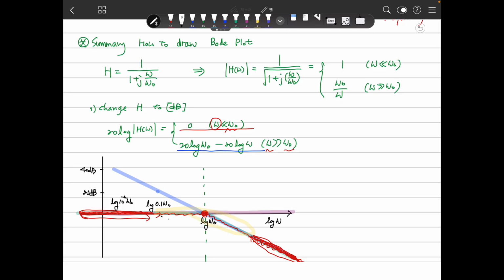So to check it, we apply the exact values to the Bode plot here.